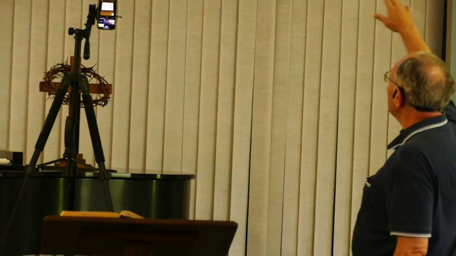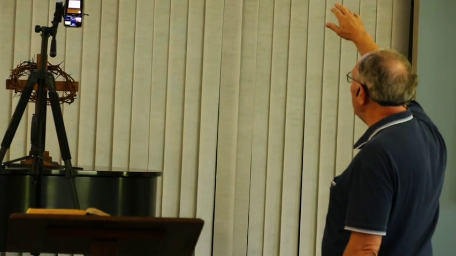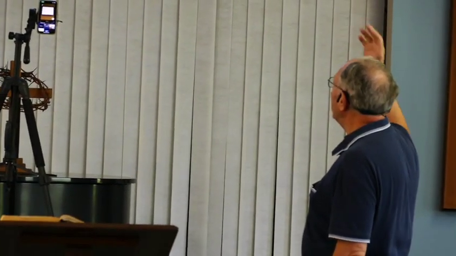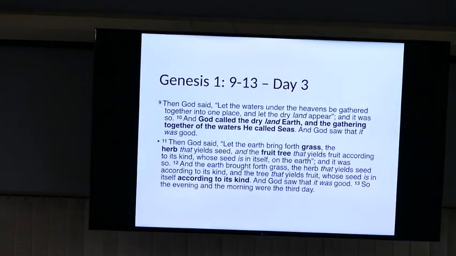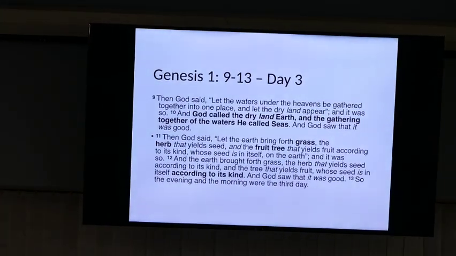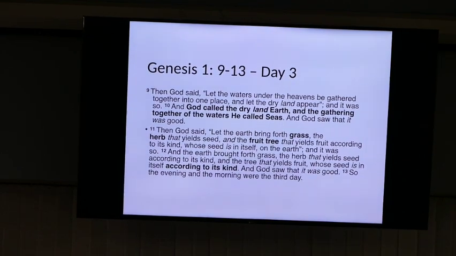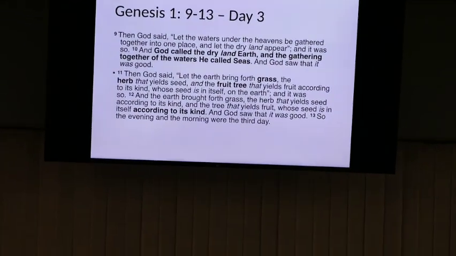I'm going to come back to that later, but the point is God called the dry land earth, the gathering together of the waters he called seas, and once there's land, God said, let the earth bring forth grass, the herb that yields seed, the fruit tree that yields fruit according to its kind, whose seed is in itself on the earth, and so on. So we see all those things were created on the third day. Remember, we had light, then we had separation of the waters, and now we finally get to see land and plants. Next slide.